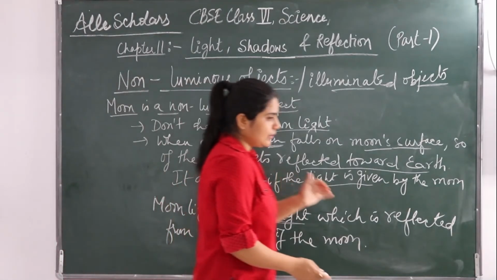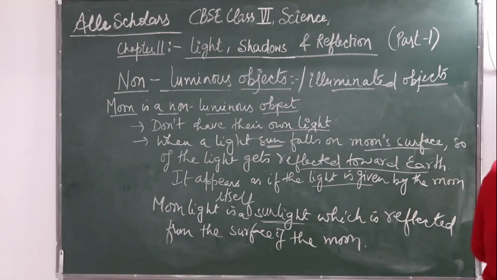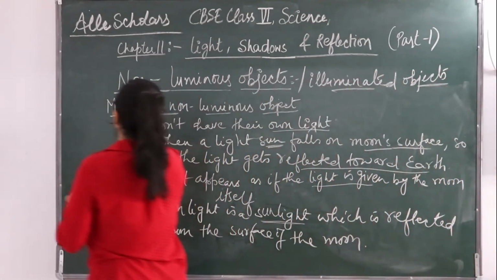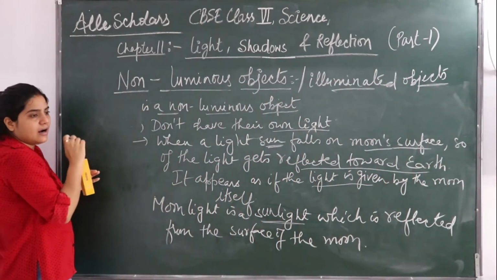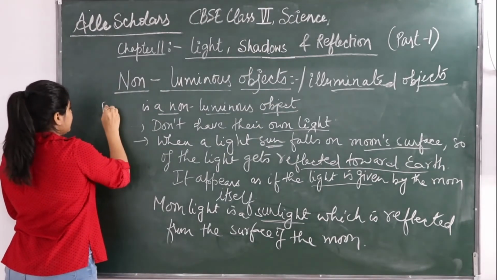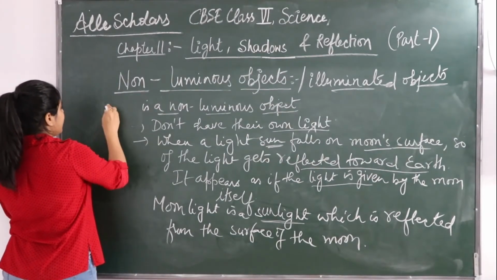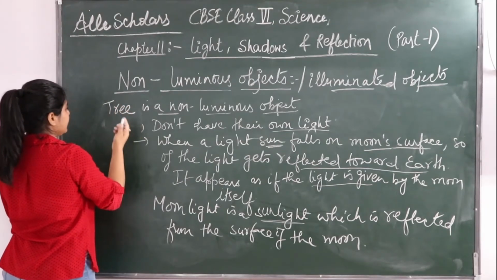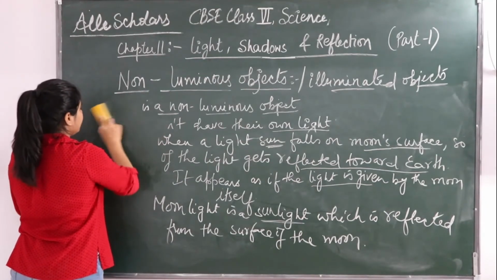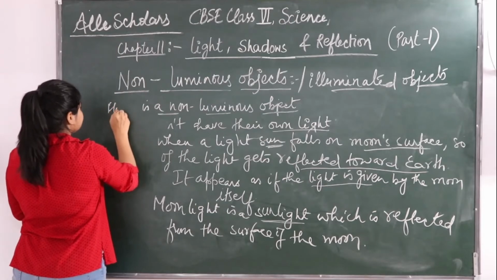Similarly, one more example I will be giving you to show this: a flower is a non-luminous object, or you can say a tree is a non-luminous object. Okay, or flower, tree, anything.